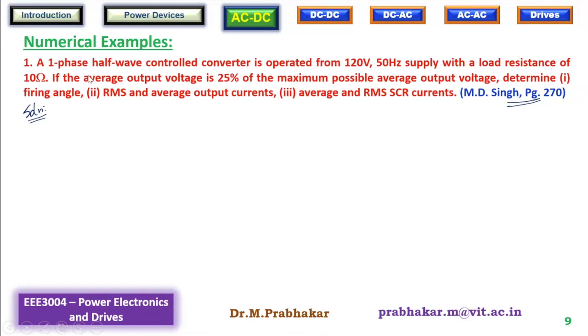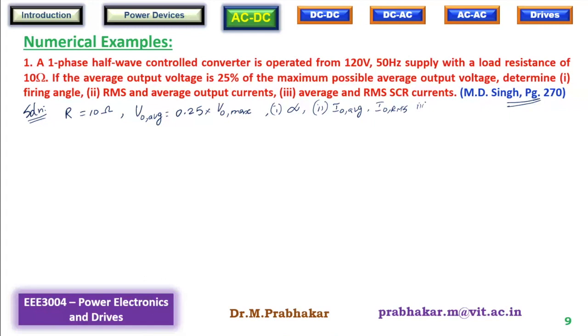120 volt 50 hertz is the supply voltage. Load resistance RL is given as 10 ohm, RL meaning R suffix L, load resistance. If the average output voltage V naught average is limited to 25% of maximum possible, which is 0.25 times V naught max, the maximum possible average output voltage, determine alpha, and this is what I was referring to, RMS and average output currents, I naught average, I naught RMS.